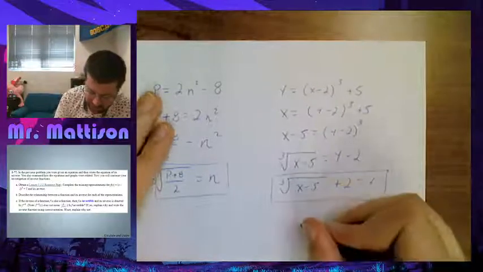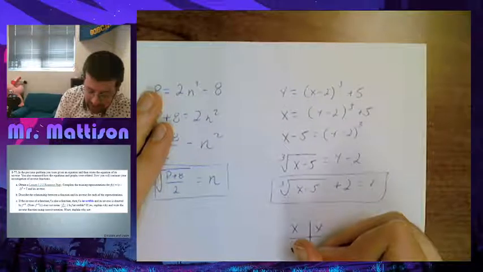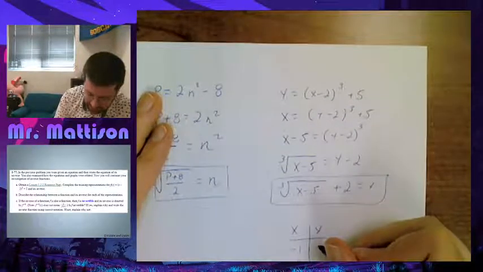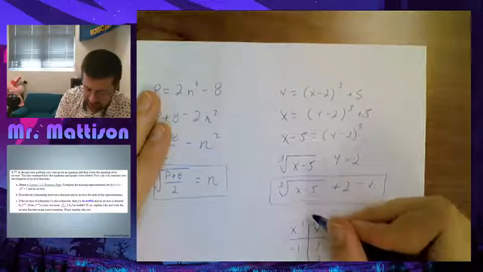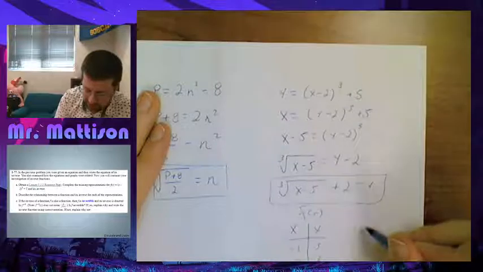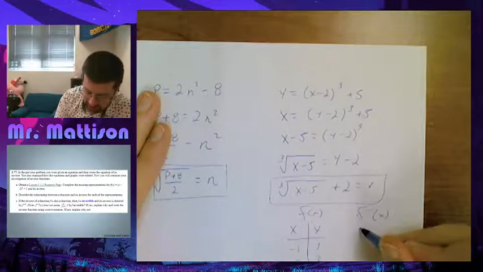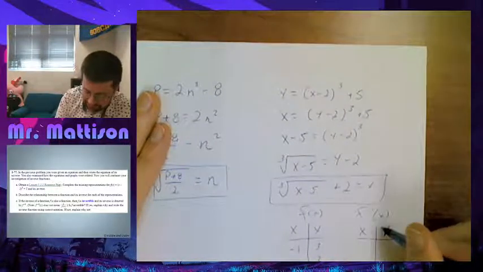Now, once you have that, we're going to have our x and our y. For speed's sake, I'm just going to fill in some false numbers here. So if this is my original, when I want to get over to my inverse, all I really need to do is transpose my x and my y.